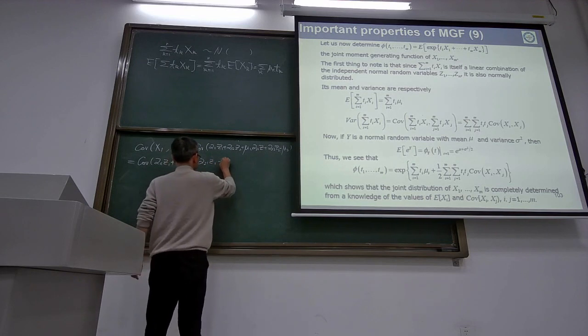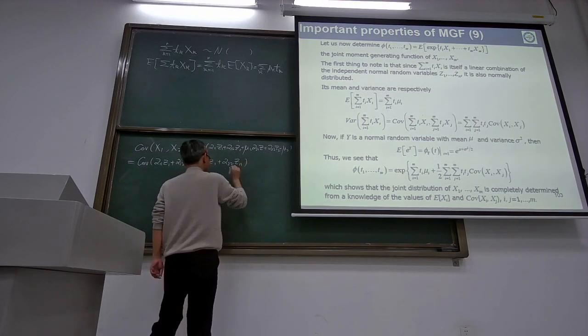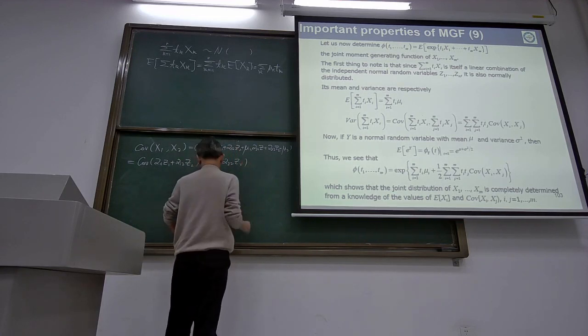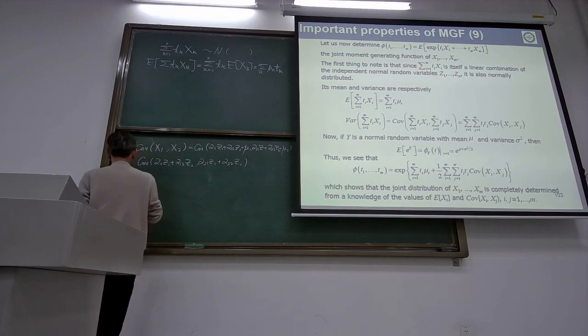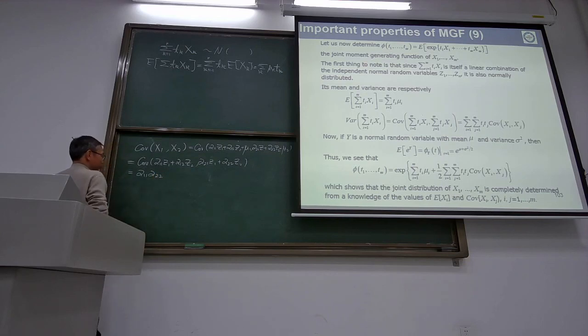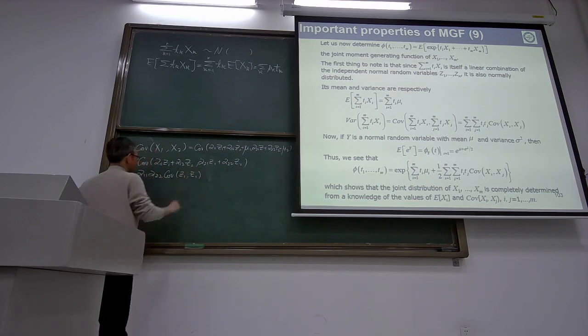Z1 and alpha 2 2 z2. Because Z1 and Z2 are independent, this gives alpha 1 1 alpha 2 2 covariance of Z1 and Z1.